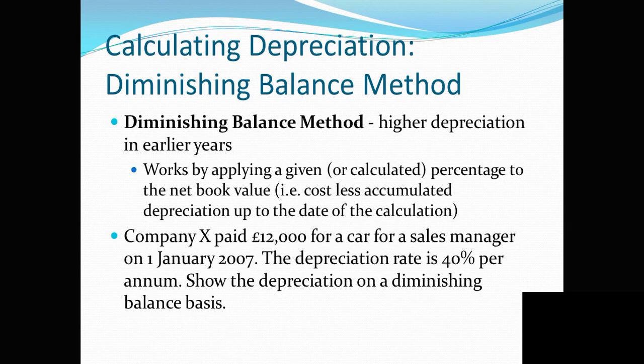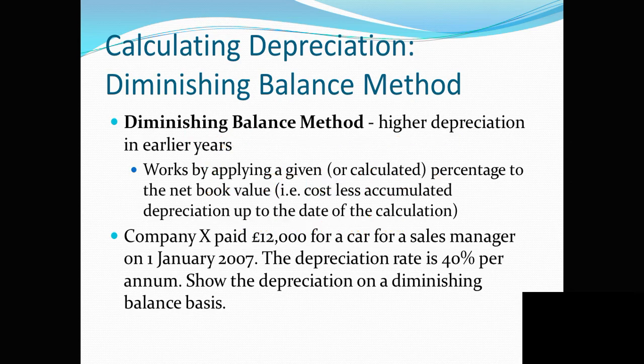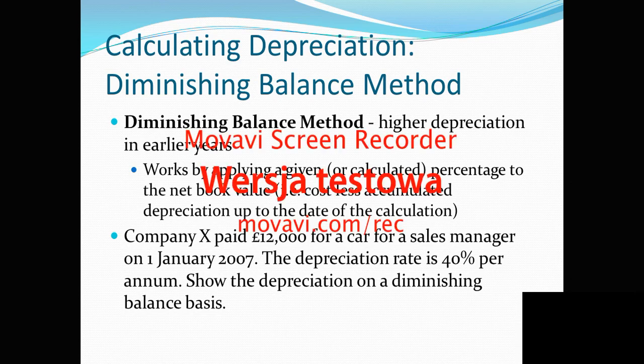second, maybe most popular method is called the diminishing balance method. And the diminishing balance method, the basic idea is this. The accountants assume that some non-current assets lose more value during the initial years than in later years. So this way they have higher depreciation in earlier years and lower depreciation in later years.